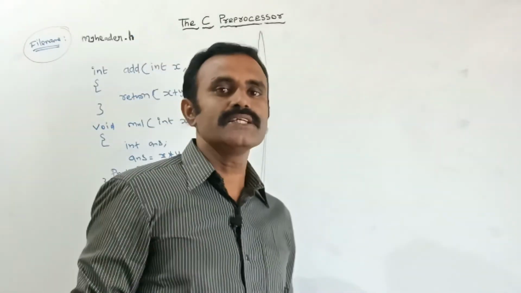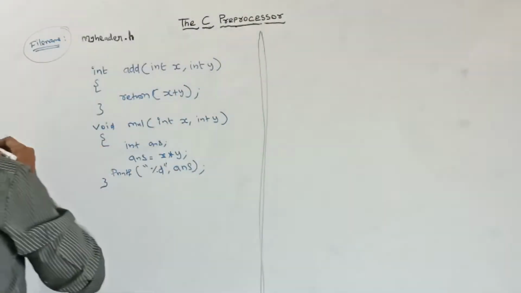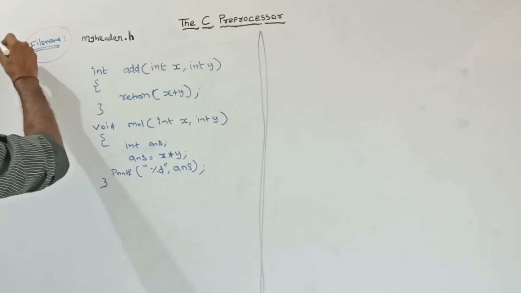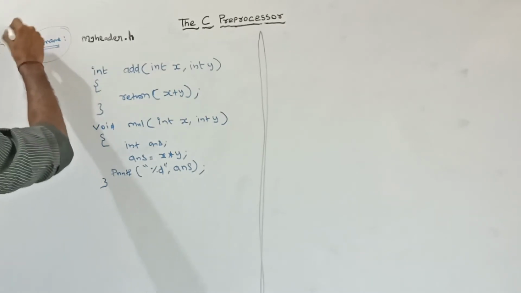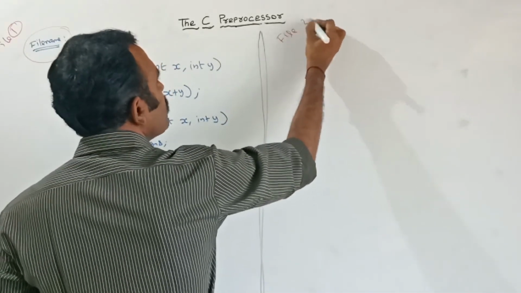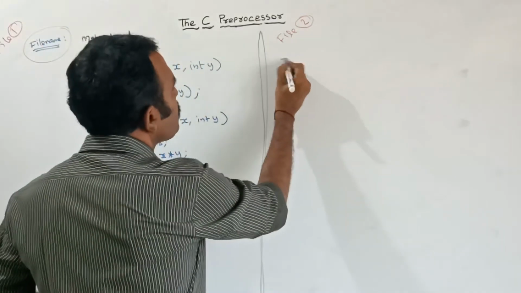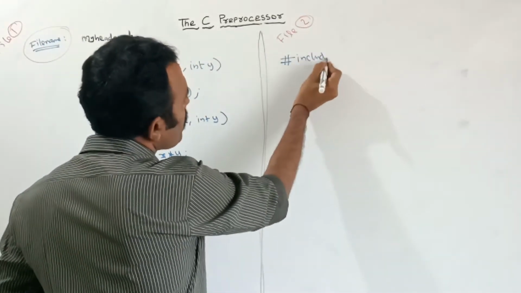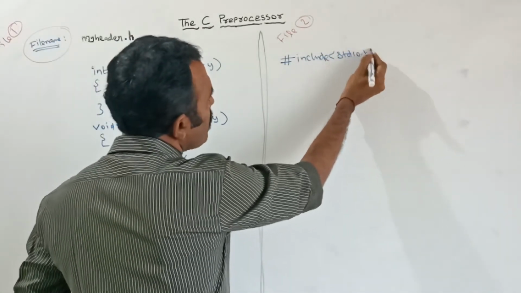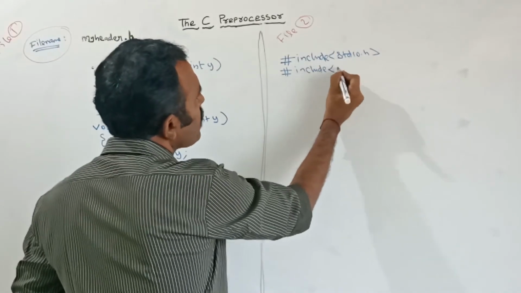There you type this program, that is our source code. Here I am writing the first file, file 1. Now I am going to create the second file, file 2. Here, include stdio.h, include next.